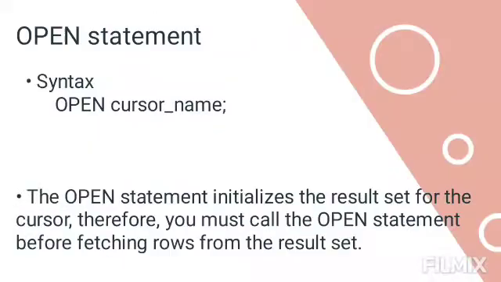Next, we open the cursor by using an open statement. The open statement initializes the result set for the cursor. Therefore, you must call the open statement before fetching rows from the result set. The syntax of the open statement is open cursor name.